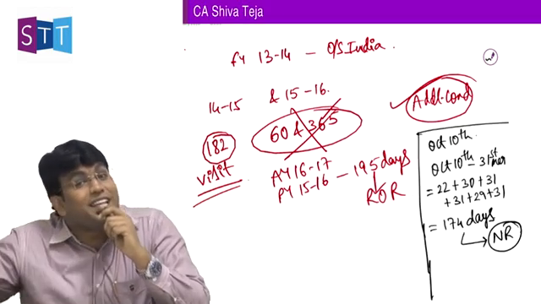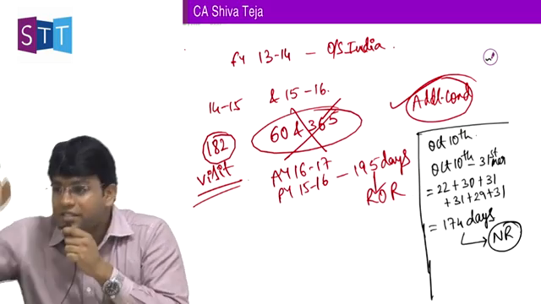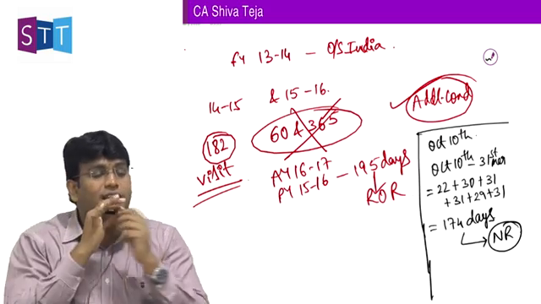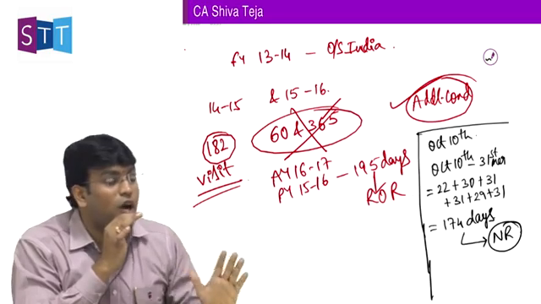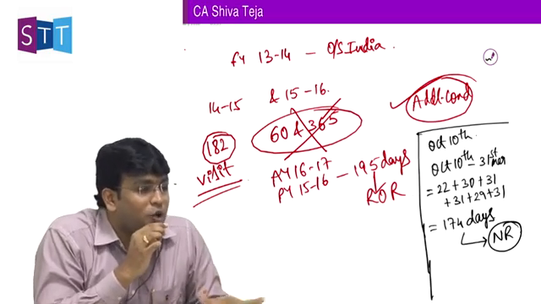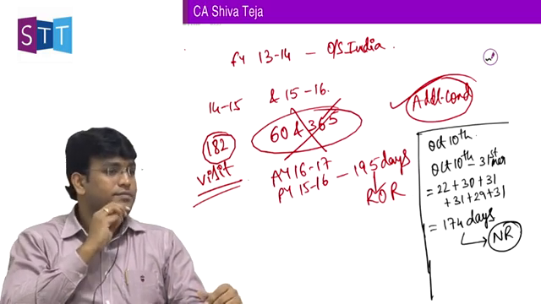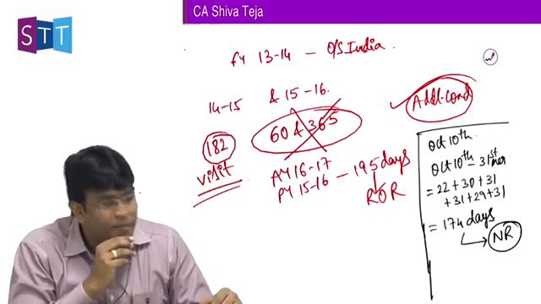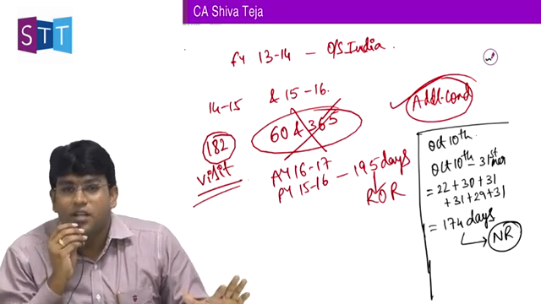No. But the answer is, that option is not there at all, for a simple reason: he has come to India for what purpose? Visit during the previous year. Once an Indian citizen comes to India for a visit during the previous year, only one condition applies, 182 days or more. There is no option called 60 and 365. That's the concept. Are we all clear with this? Everybody, sir? Does it completely make sense? Totally, sir.